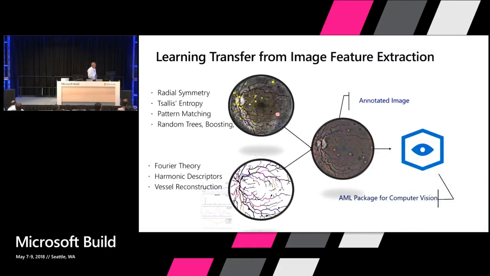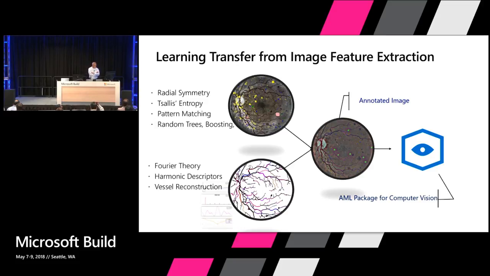So how do we solve that? What I did is implement a two-stage predictor. The first one is on your left. It is a classical image processing predictor using techniques like radial symmetry, entropy, pattern matching, and classifiers like boosting and random trees.